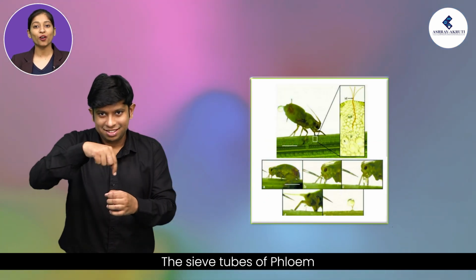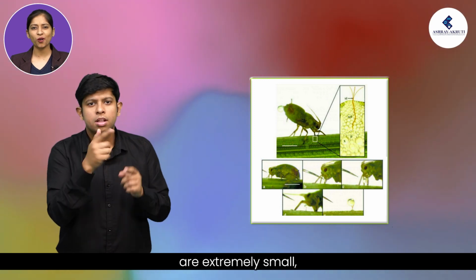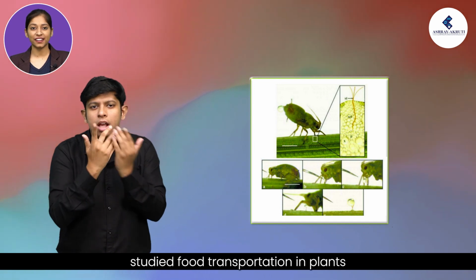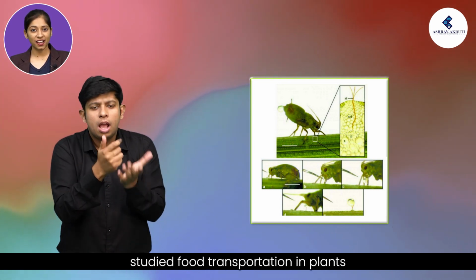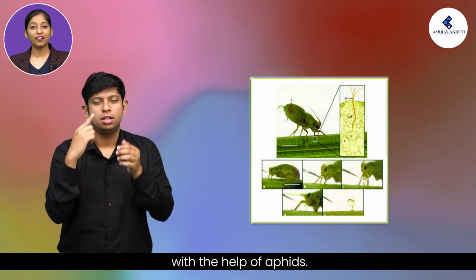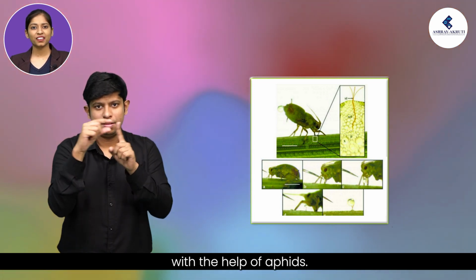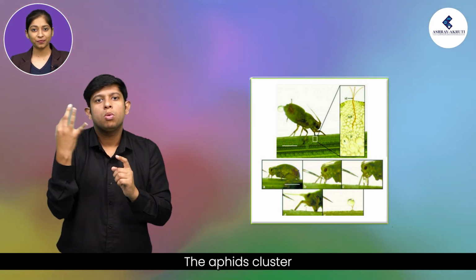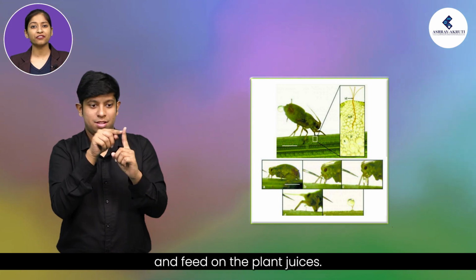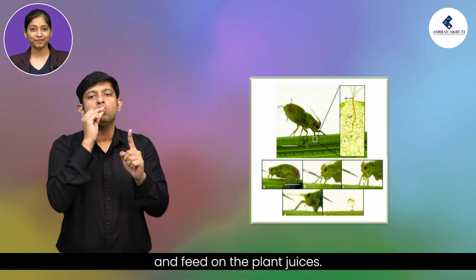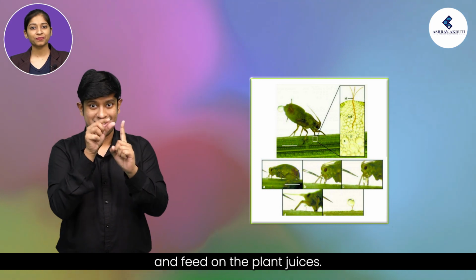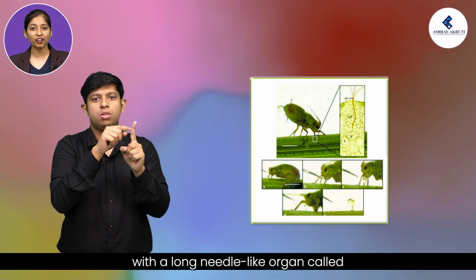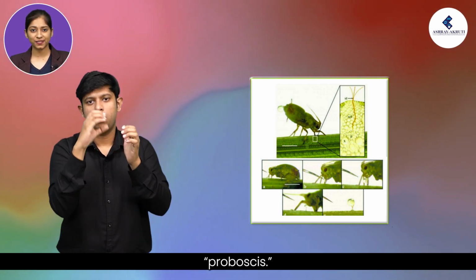The sieve tubes of phloem are extremely small, and biologists studied food transportation in plants with the help of aphids. The aphids cluster around the young stems and feed on the plant juices. They pierce the plant tissues with a long needle-like organ called proboscis.